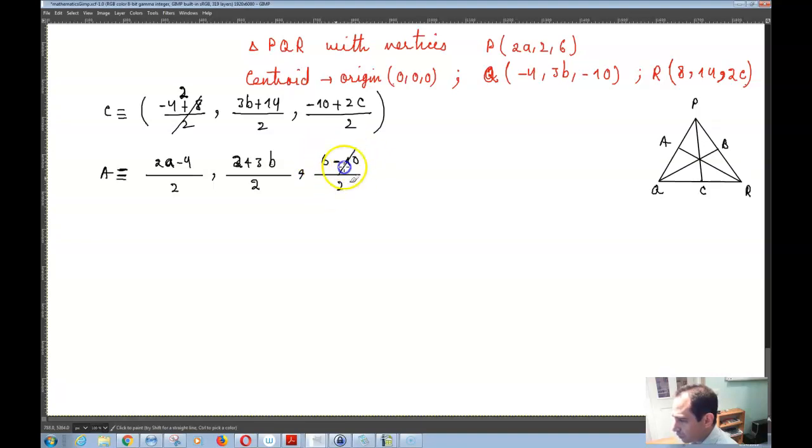That's negative 4 divided by 2, that's negative 2. And that is the coordinates of A.